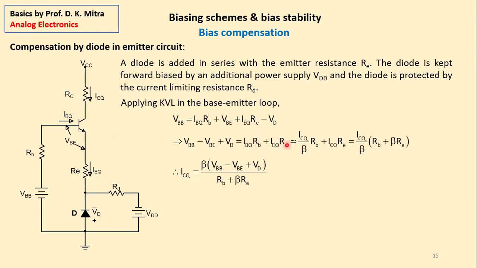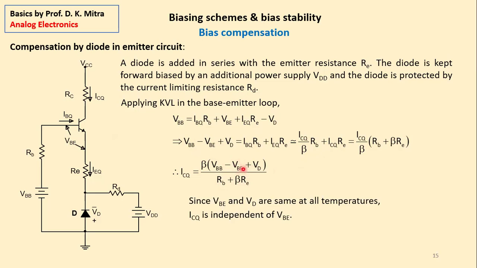Now IBQ is approximately ICQ by beta, so ICQ by beta RB plus IEQ RE. And from here, this IEQ is replaced by ICQ, which is 99.9% the same value. So this becomes ICQ by beta multiplied by RB plus beta RE, right? So ICQ is equal to beta multiplied by this left-hand side, VBB minus VBE plus VD, divided by RB plus beta RE.